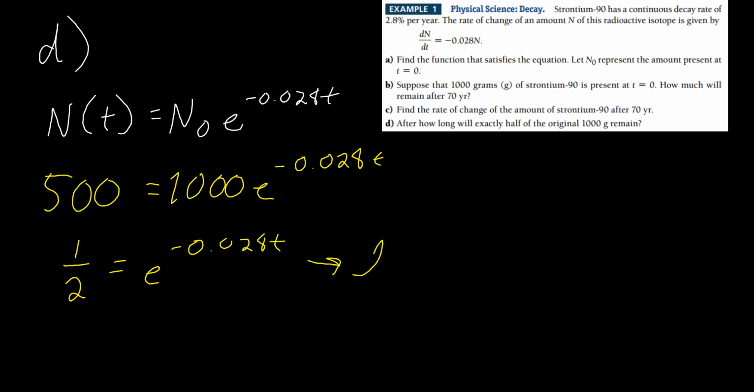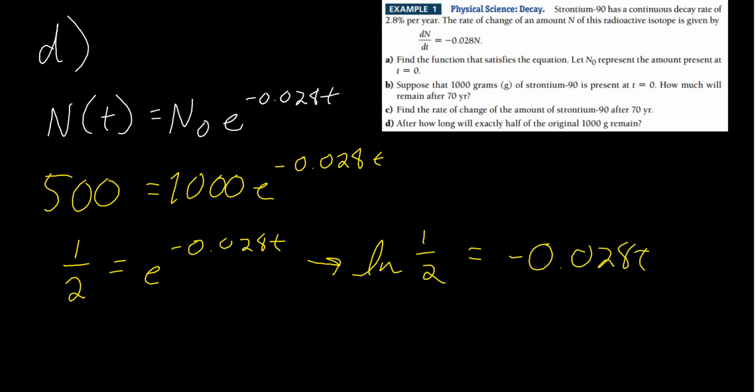So we're going to have the natural log of 1/2, and that's equal to the natural log of e to the negative 0.028 t. I'm sorry, the natural log and the e go away. So let's fix that a little bit. Right.